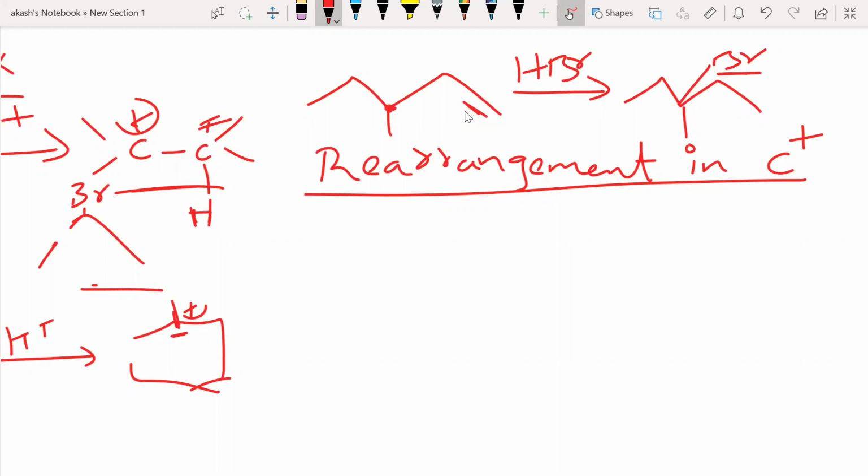Why is the rearrangement happening? Because I am going to form a more stable carbocation.